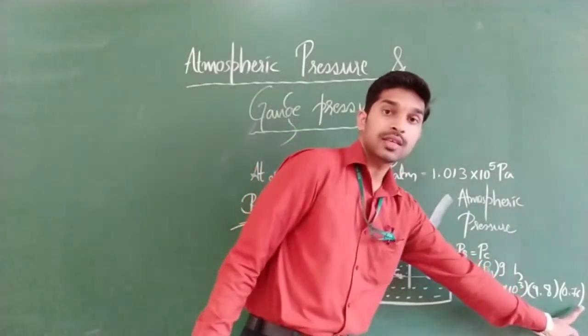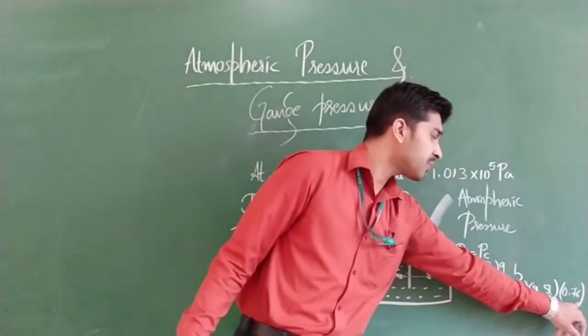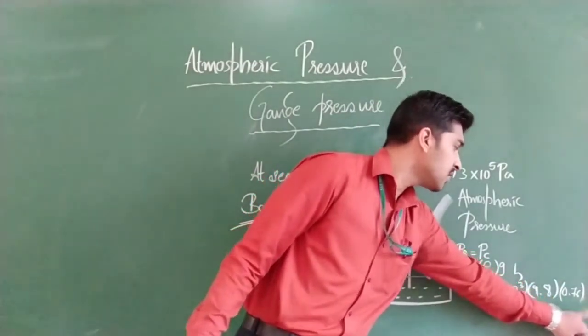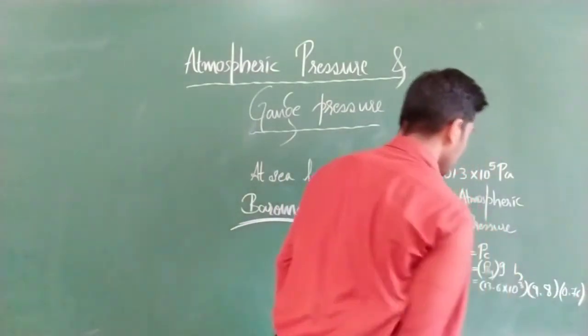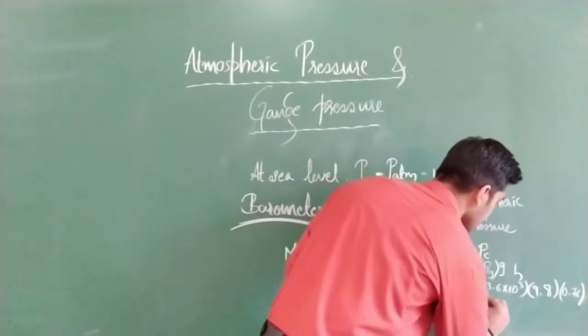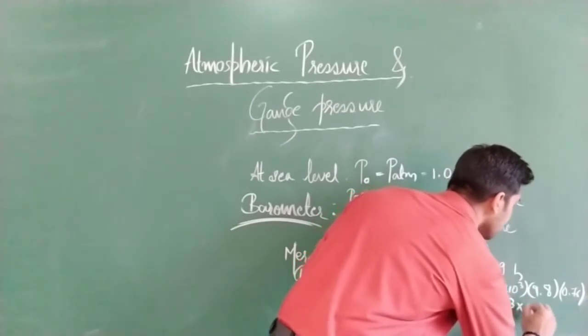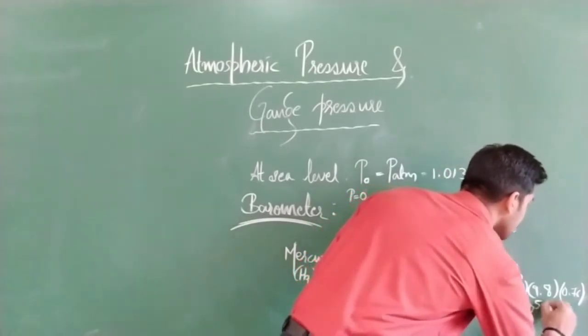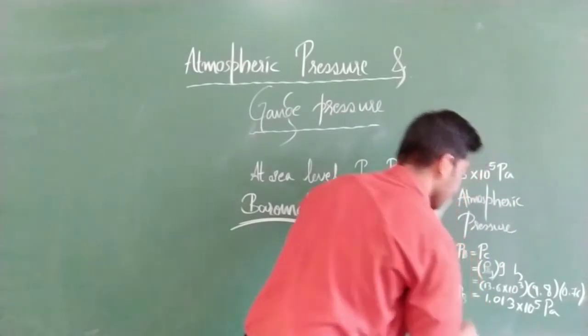That means 76 into 10 to the power of minus 2, I have directly written it as 0.76. So if you do this complete calculation, you are going to get 1.013 into 10 to the power of 5 Pascal.